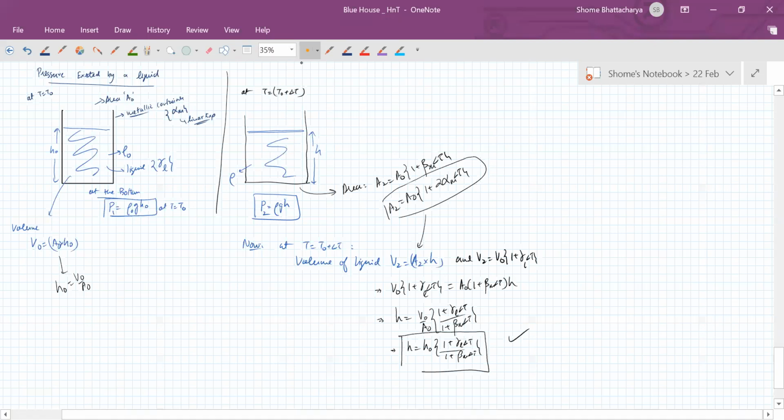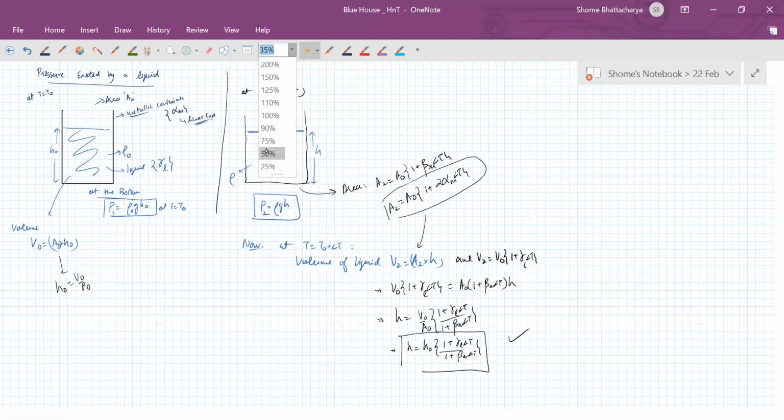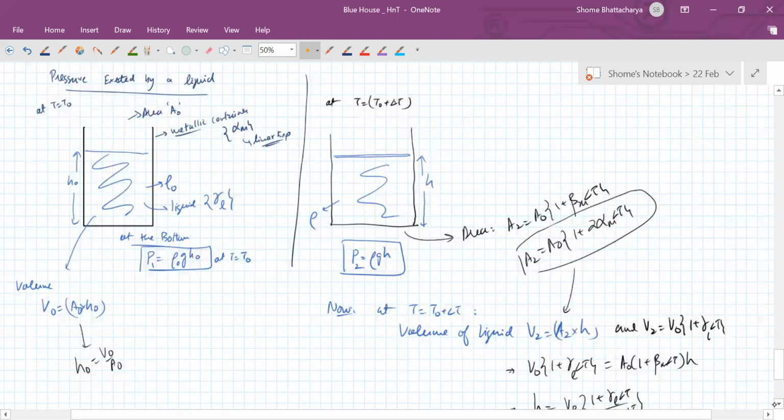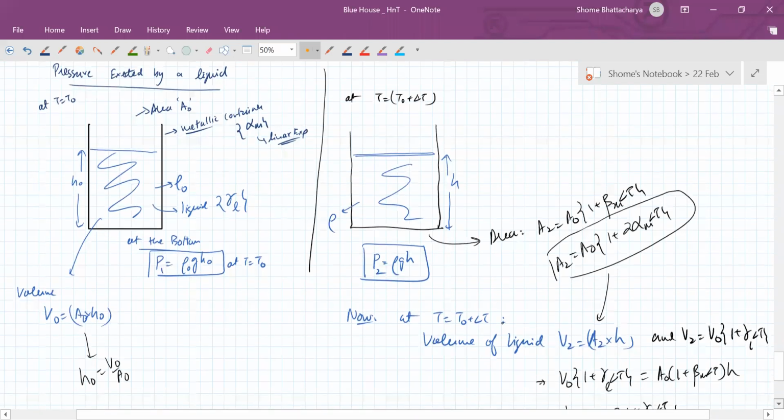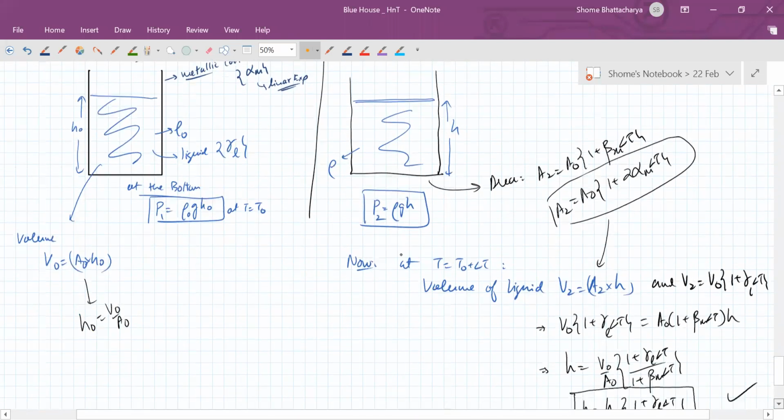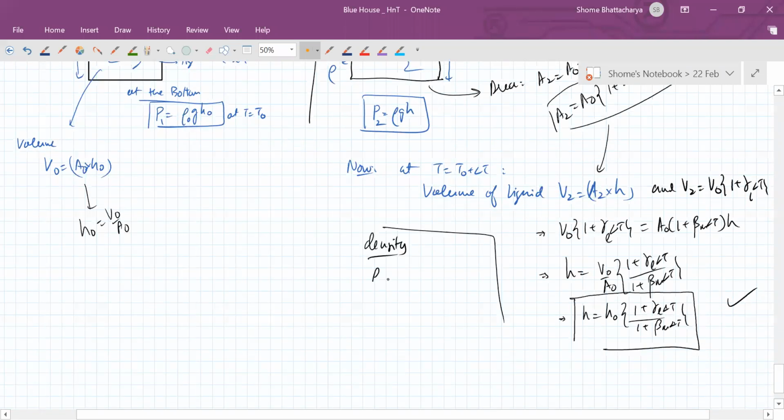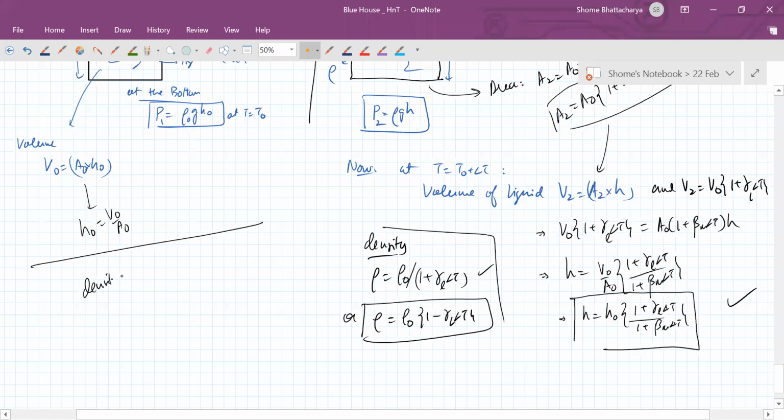Okay, now let's understand how the density changes. Now we know that the density of the liquid would have changed from the original value to the new value of this, a formula we've seen before, because density is mass upon volume.